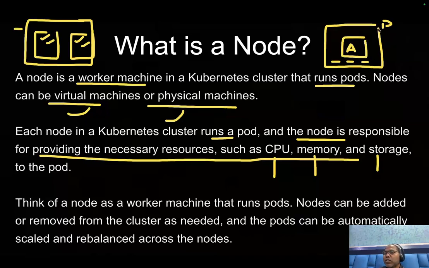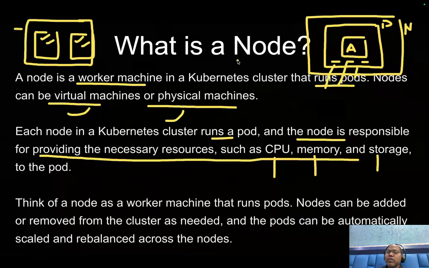The pod is a logical unit, and finally the pod runs inside your node. Node means the actual machine, which has the CPU, memory, and resources. So the node provides them to the pod: hey pod, you need CPU, memory, resources, and they are provided. Think of the node as a worker machine that runs the pods.